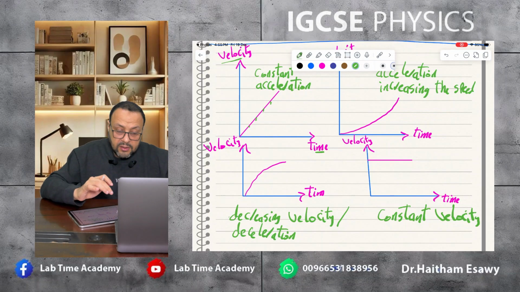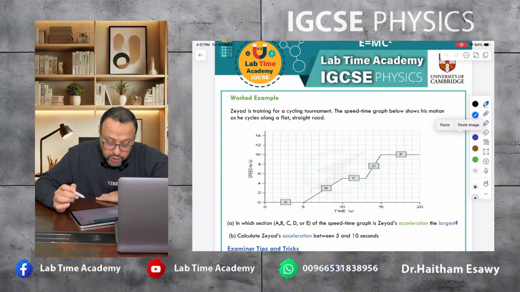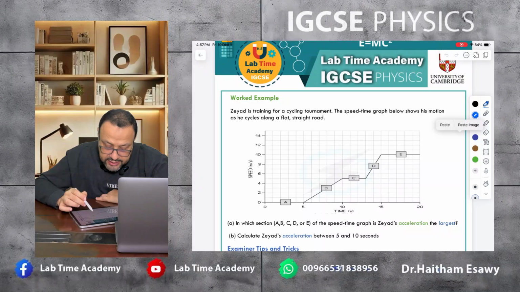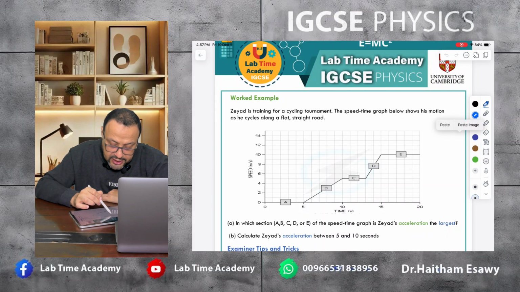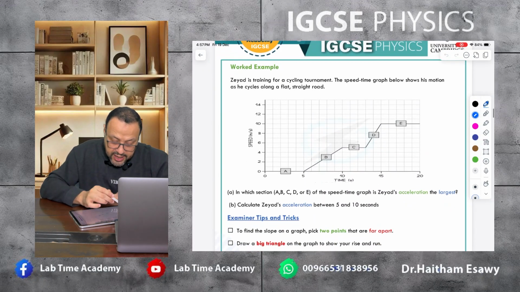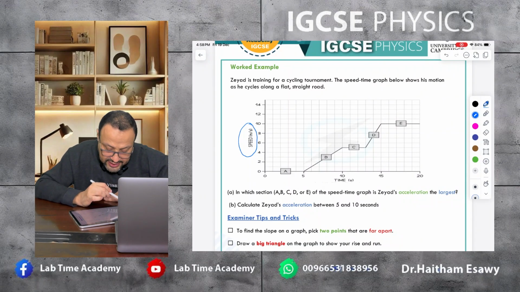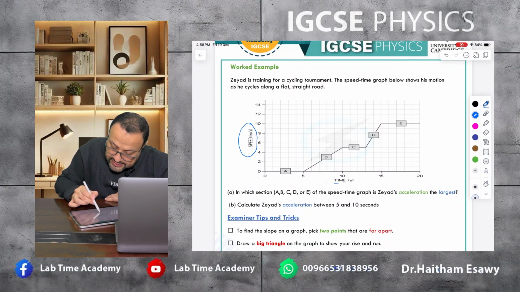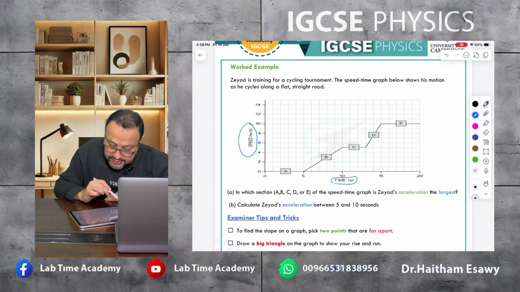Okay. Worked example. Ziad is training for a cycling tournament. The speed time graph below shows his motion as he cycles along a flat straight road. Here we have speed on the y-axis in meters per second, and time in seconds on the x-axis.